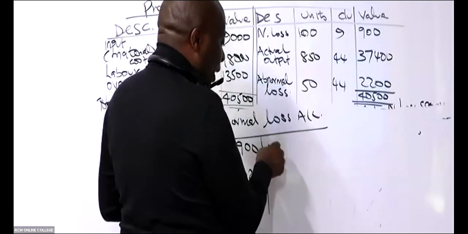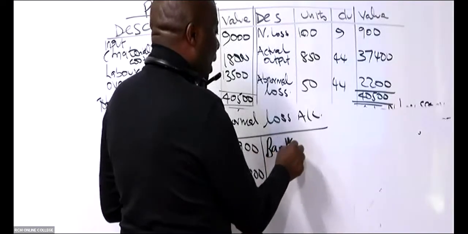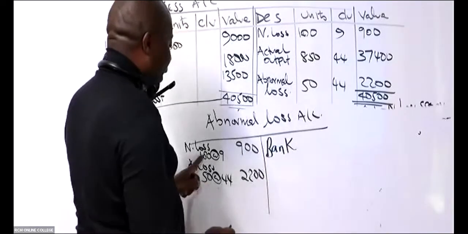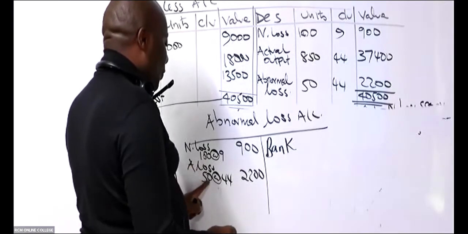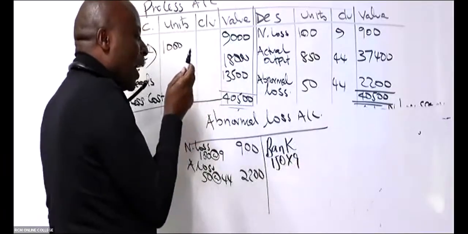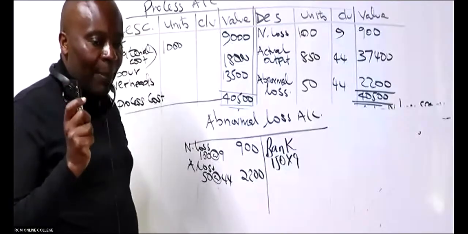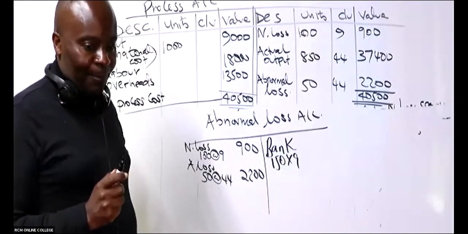So we debit the bank account, and we credit this account by saying bank. The total here is 150 units. Don't forget to scrap them at the scrap value given.